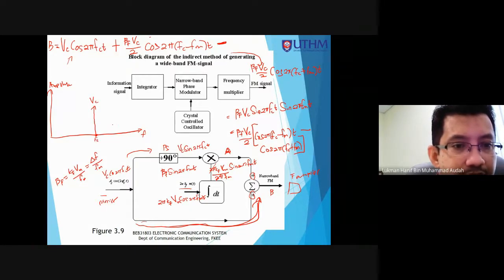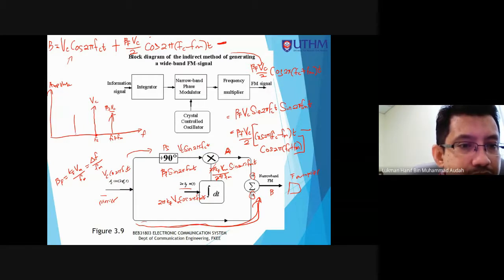And then we have here FC plus FM. This is beta F VC over 2. Okay. Over here is also the same beta F VC over 2 at location FC minus FM.